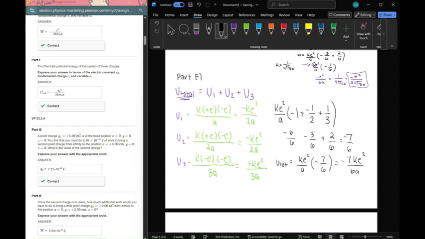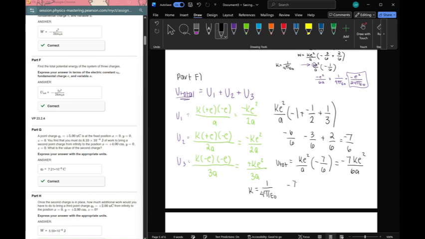Now we have to do the K, and I don't know if you guys remember, but K is equal to 1 over 4 pi, what do you call this again? I forgot. I think epsilon not. Epsilon. Okay. So now I'm gonna do that.